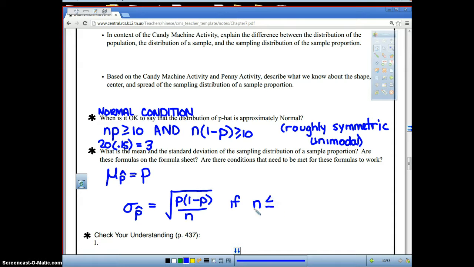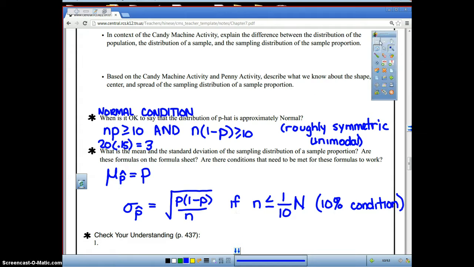N, the sample size, little n, has to be less than 10% of my population size. And we call it the 10% condition. Okay, these formulas are on the AP formula sheet, so you will have access to them during any test, including the AP test.